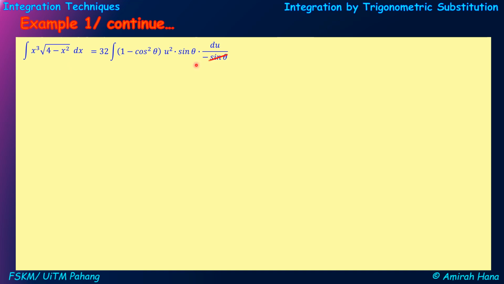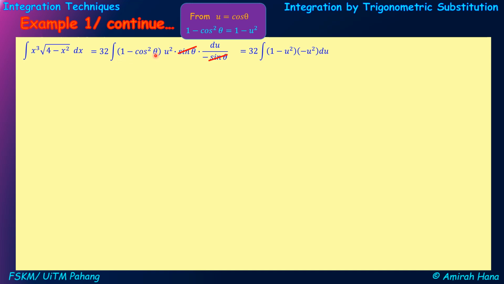And then we simplify sine theta here and sine theta from the denominator. So we can write 1 minus cos squared theta equals 1 minus u squared. Right? So it is equal to 32 and then the integration of 1 minus u squared.